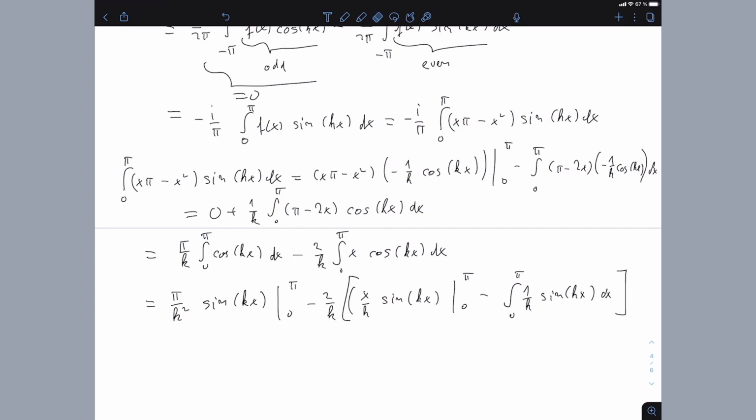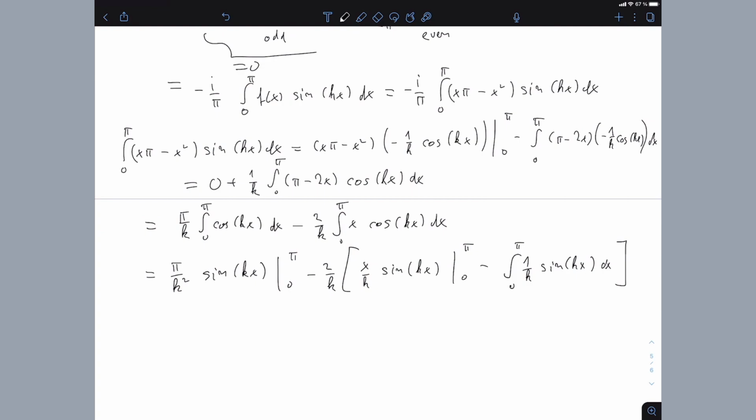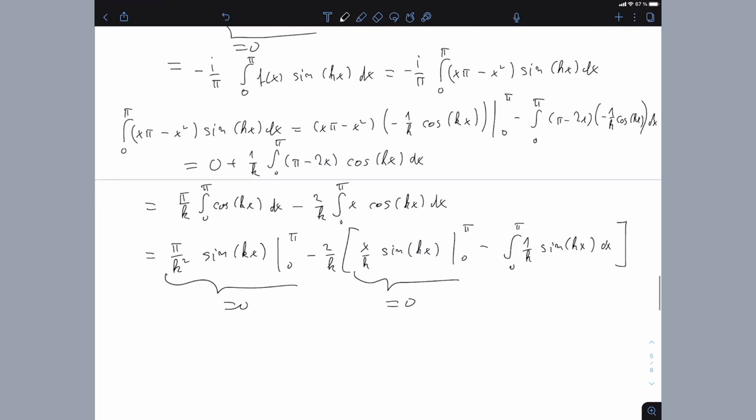Sine at multiples of pi is 0. So this is 0, and this is also 0. So we are just left with minus 2 over k times 1 over k squared cosine kx.